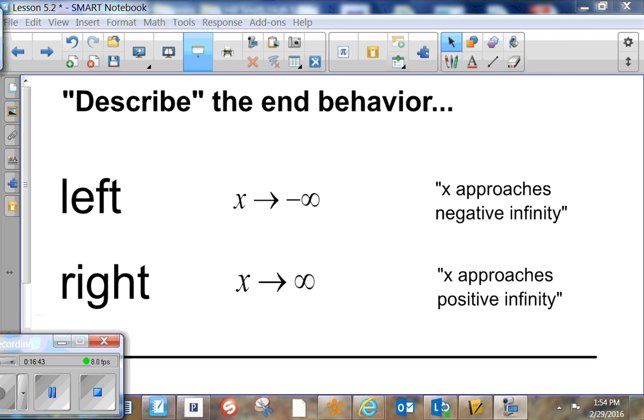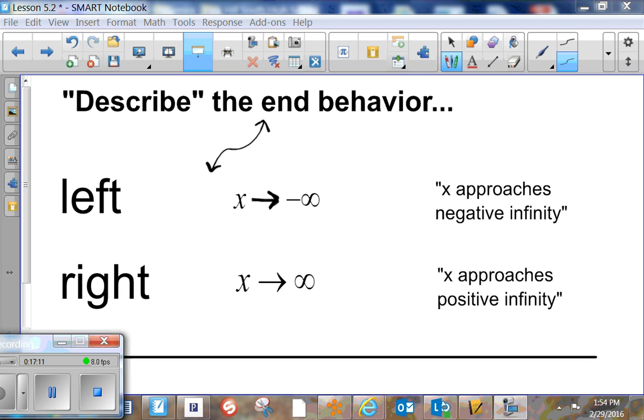This is a more sophisticated way to describe end behavior. Let's say we have a graph, let's just use an odd power like this, okay? When I'm describing what's happening as I'm going to the left, this arrow stands for approaching, and you'll see this arrow a lot going in your higher math classes.